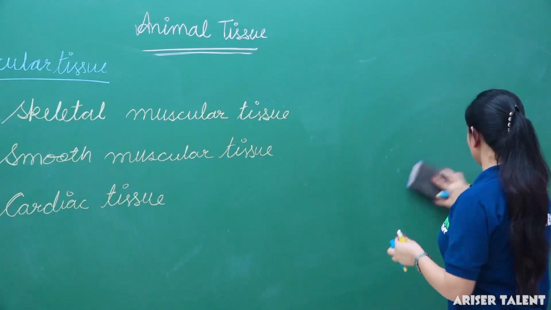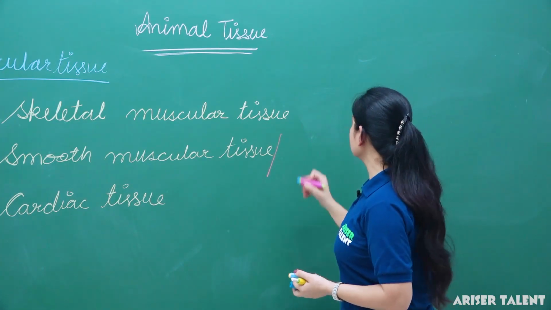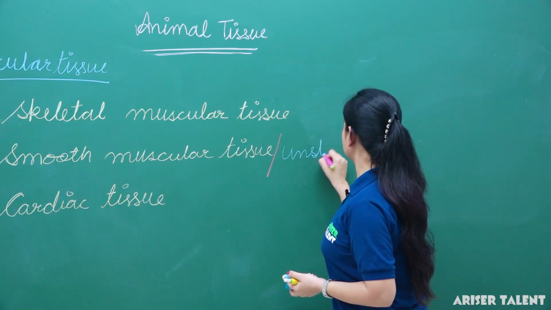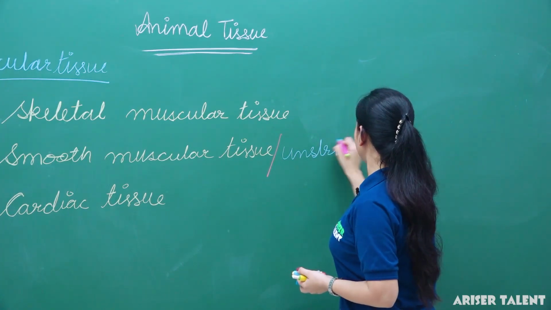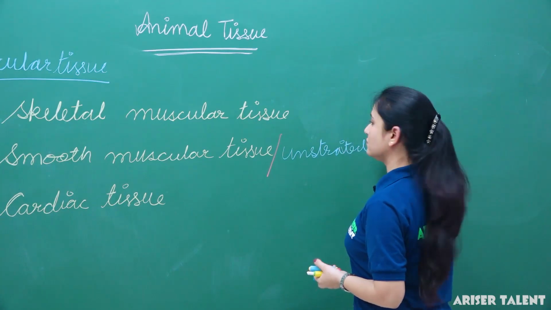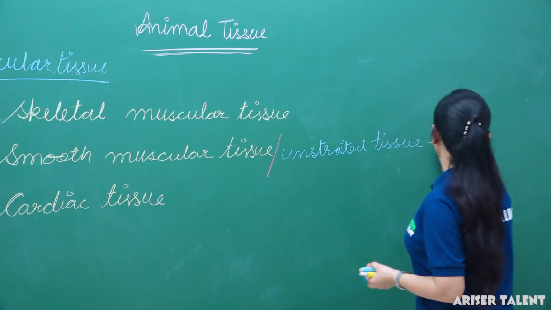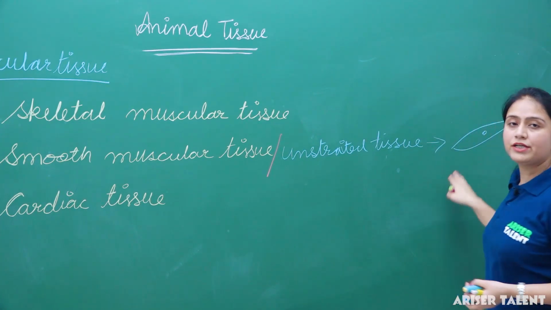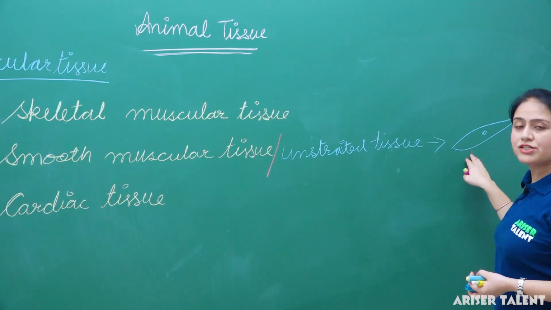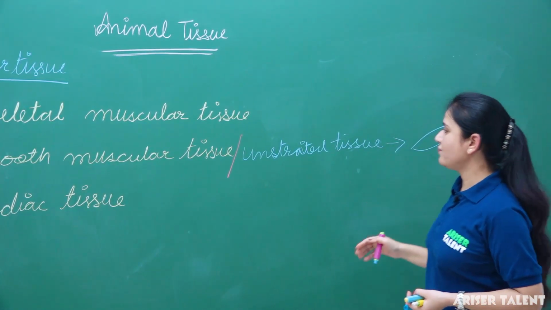Smooth muscular tissue is also known as unstriated tissue. They have spindle shape like cells. They have one nucleus in each fiber.